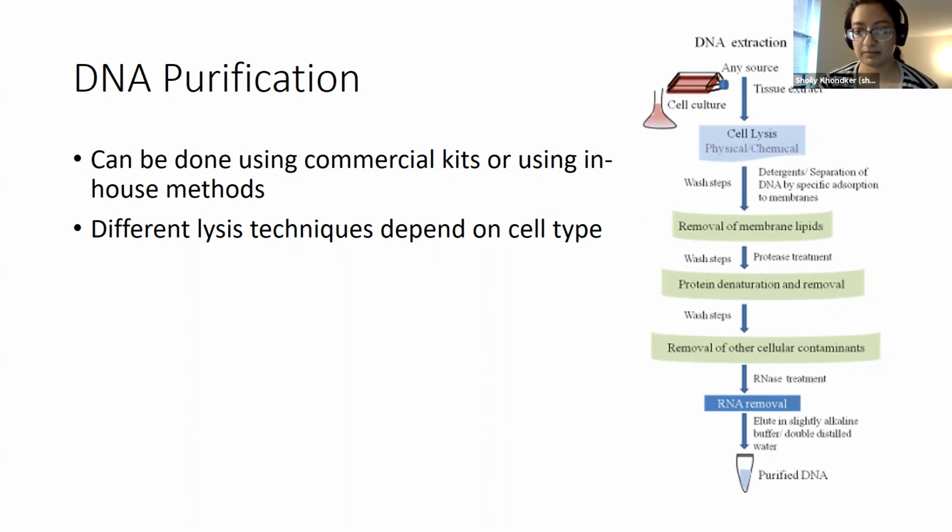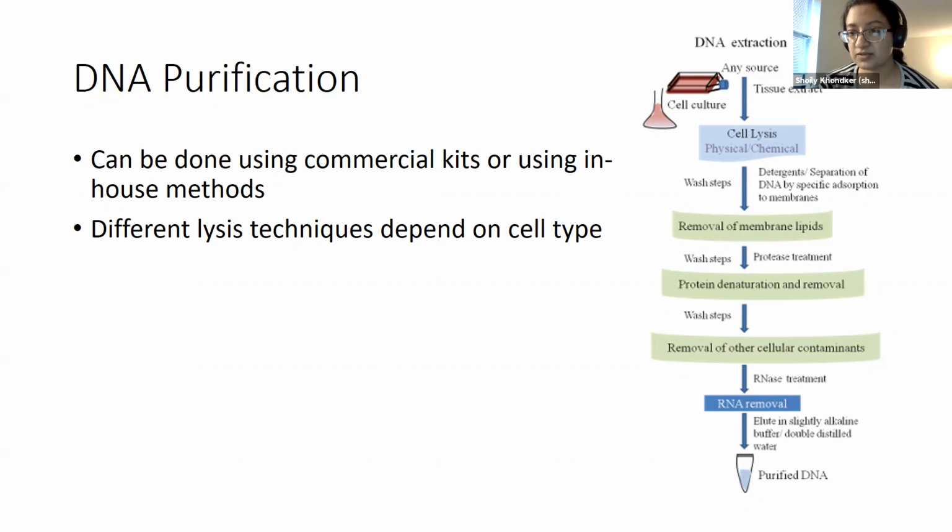If it's a eukaryotic cell with just a cell membrane, just detergent may be sufficient. But if it's a bacterial or fungal or plant cell with a cell wall, there may be need for some kind of mechanical destruction as well.